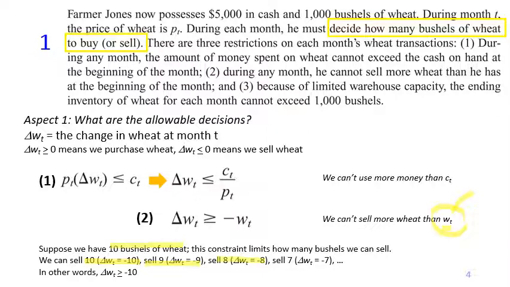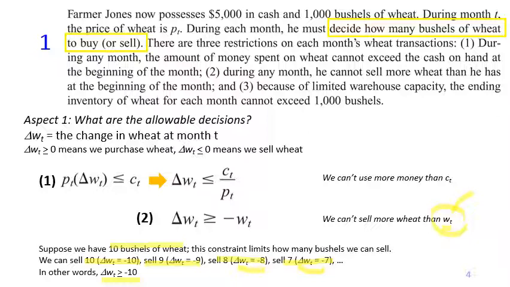Selling 8 of them is also allowed. Selling 7 of them is also allowed, which means delta WT equals minus 8 or delta WT equals minus 7. So in other words, delta WT is allowed to be greater than or equal to minus 10. Remember that minus 9, minus 8, minus 7 is greater than or equal to minus 10, right?